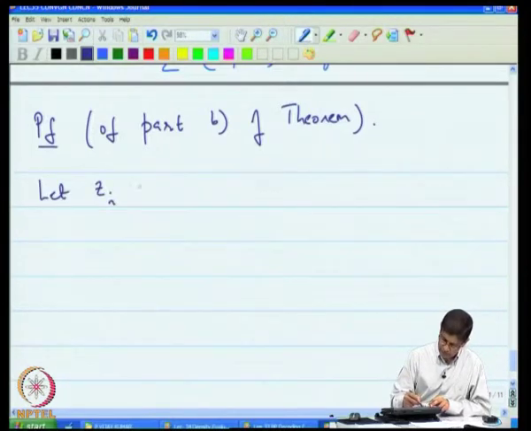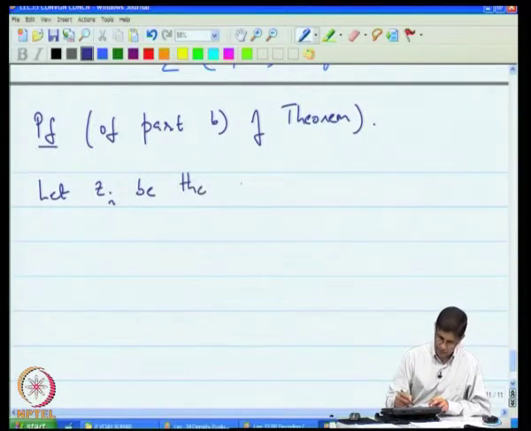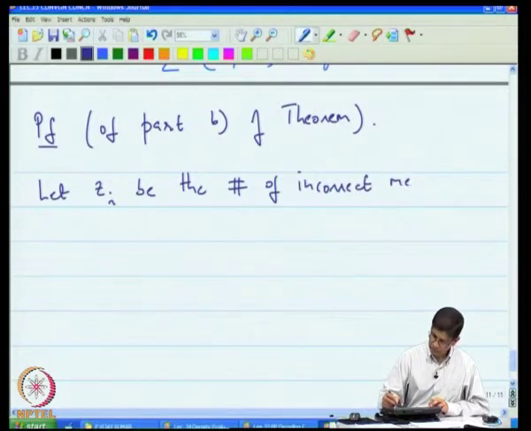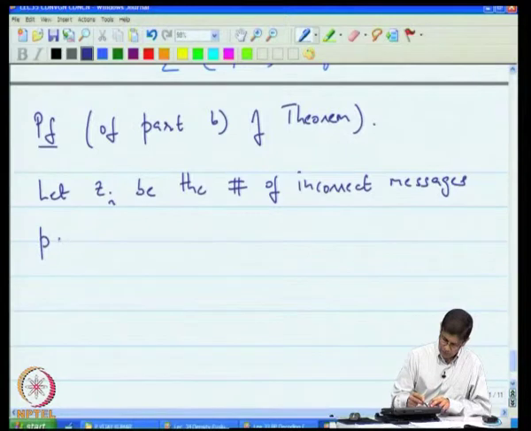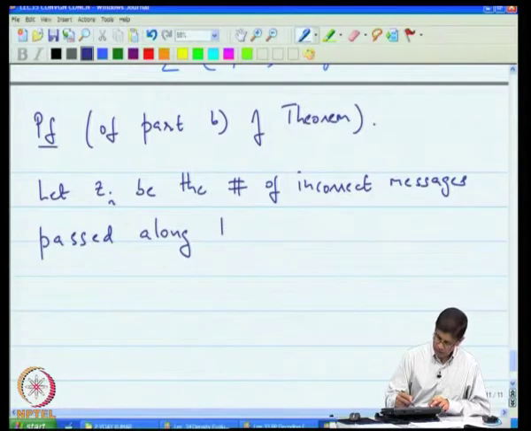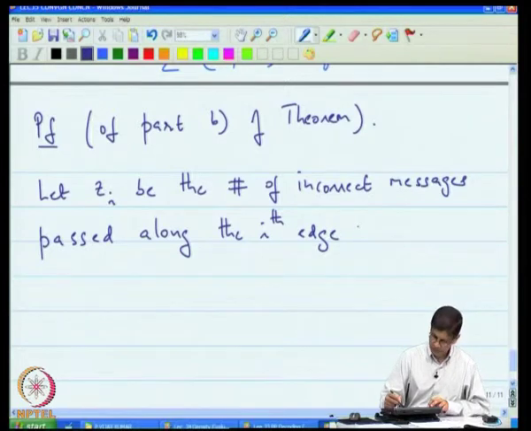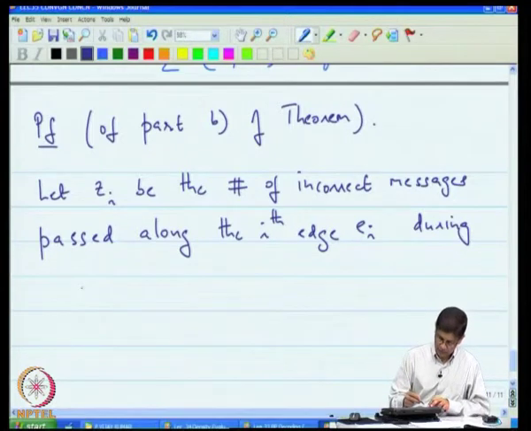Let Z_i be the number of incorrect messages passed along the ith edge e_i during the lth iteration.